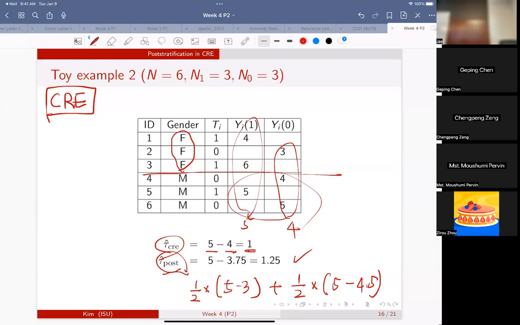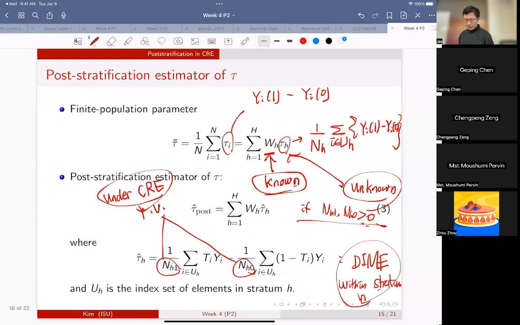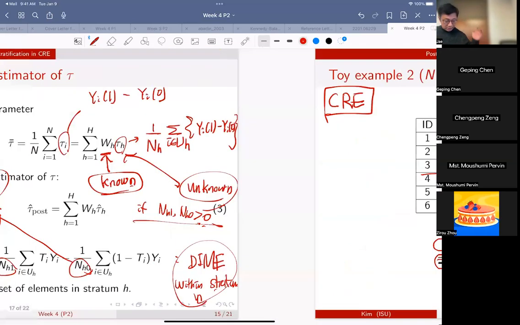Okay, so we just use this formula and compute the post-stratification estimator.